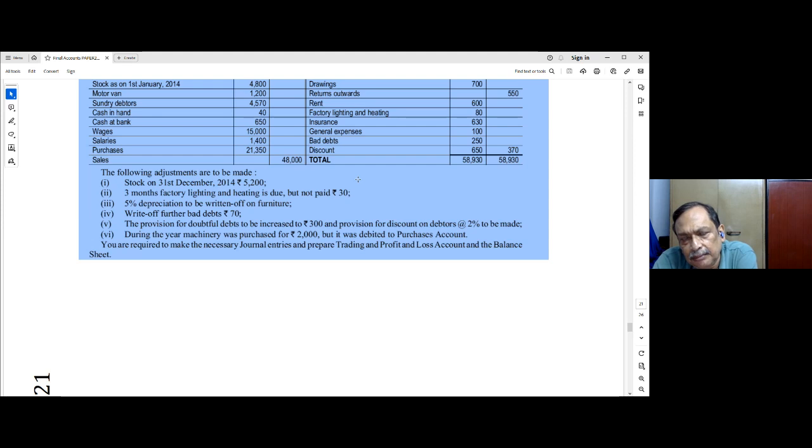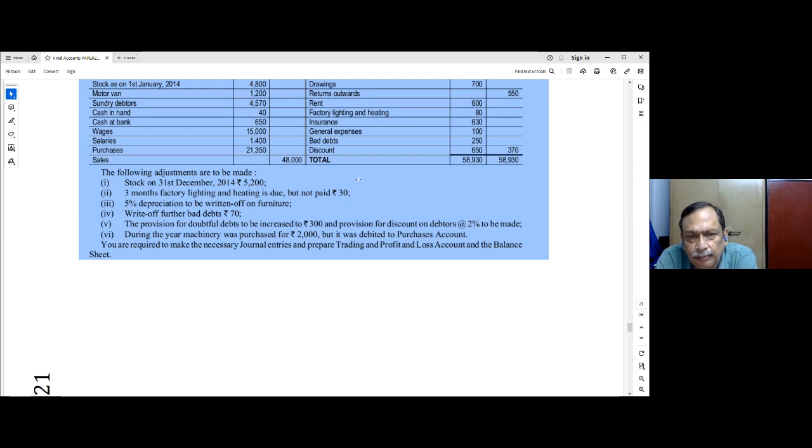Stock on 31st December, 5,200. 3 months factory lighting and heating is due, but not paid, rupees 30. 5% depreciation to be written off on furniture. Write-off for bad debts, rupees 70.